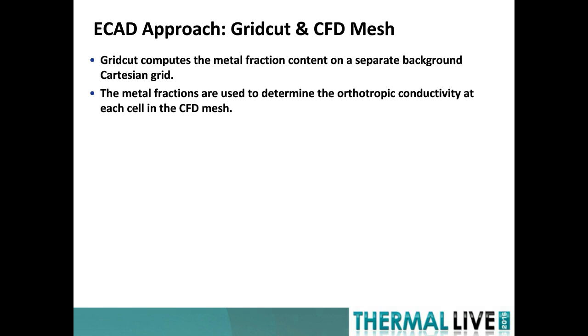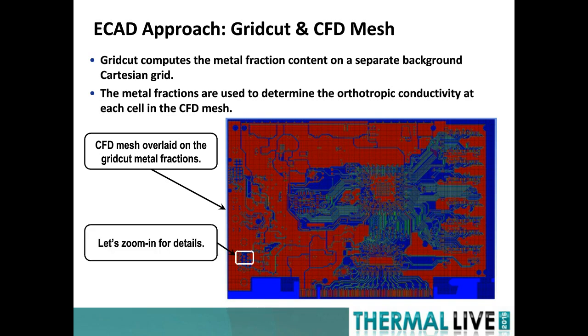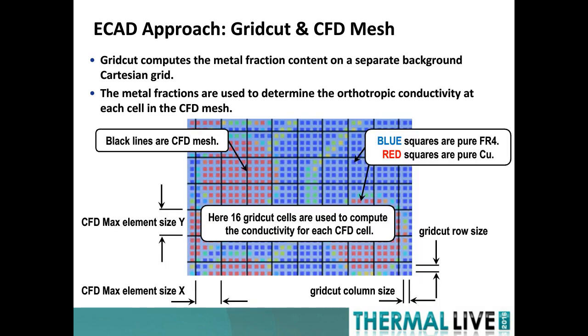Here you can see the CFD mesh overlaid on the grid cut metal fractions for a given layer in a PCB. We can zoom in to this region and look at it in more detail. So here you can see in more detail that the black lines are the CFD mesh, the blue squares are pure FR4, and the red squares are pure copper.